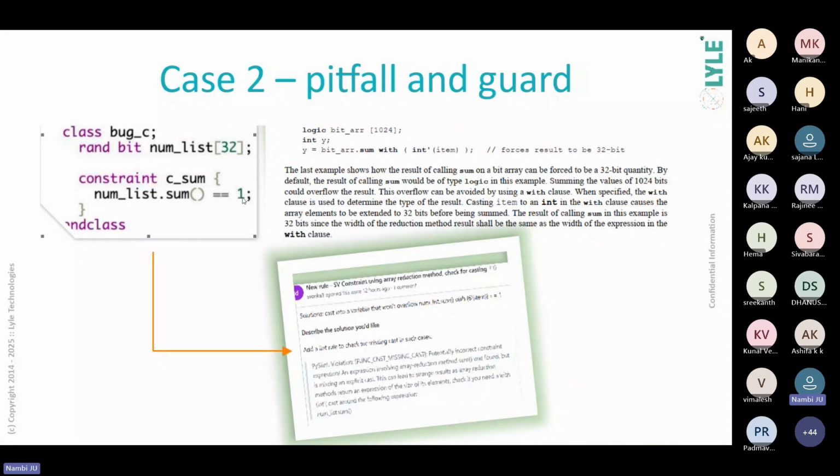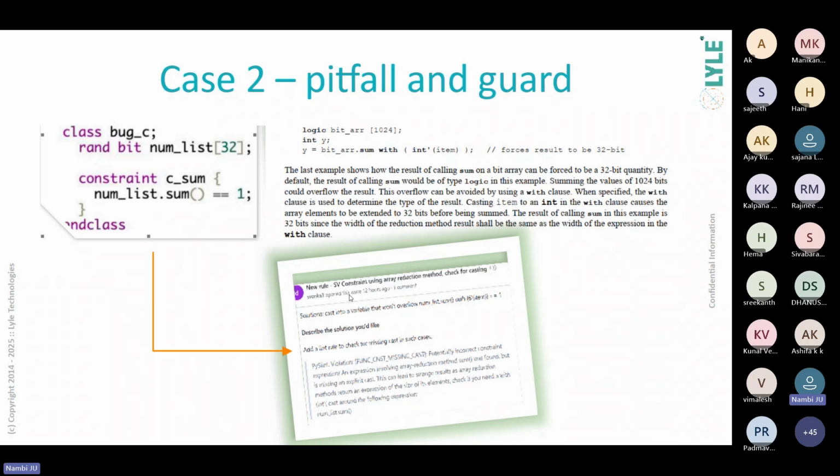Since you don't have a cast of type, like as int, it is just going to give you a value of 1, and it's going to be an improper comparison. When you typecast it, the result is forced to a 32-bit value, so you actually get a proper reduction constraint.